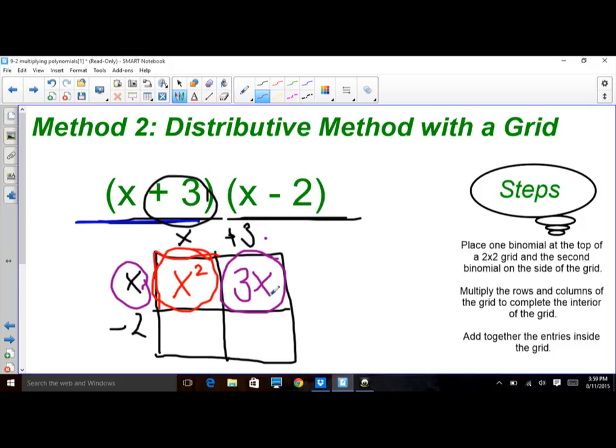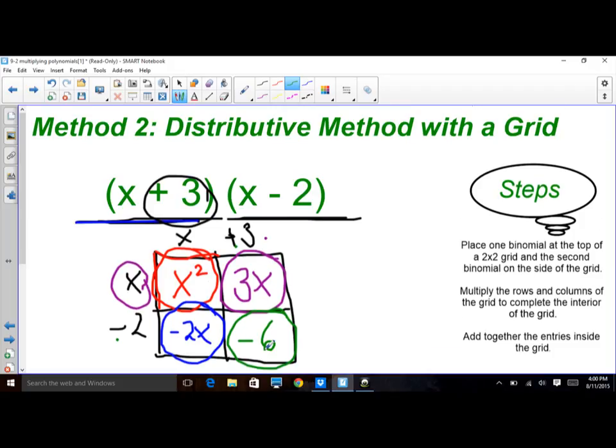Let's go back to the bottom left here. So now we have x and negative 2. We multiply those two together. It's negative 2x. And our last box is 3 and negative 2, this box right in here. Remember, we're always multiplying in this box. Some people get tempted to add, but here it's negative 2 times 3, which is negative 6.